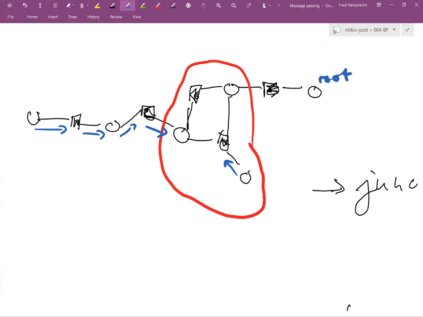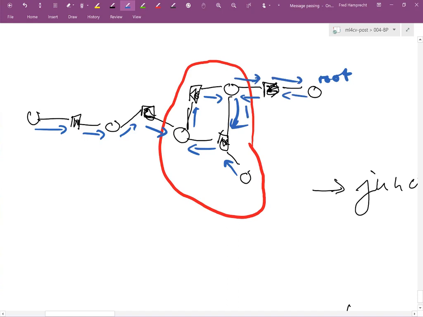So what do we do? Well, let's say we simply, deus ex machina, invent this message here. We invent this message here. Now I can send this one and this one and this one and that one and that one. And then I'm sending messages back from here.